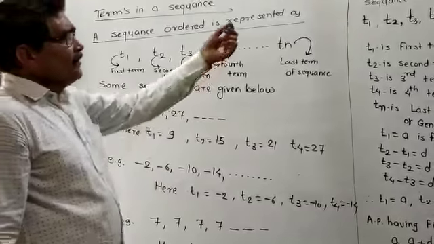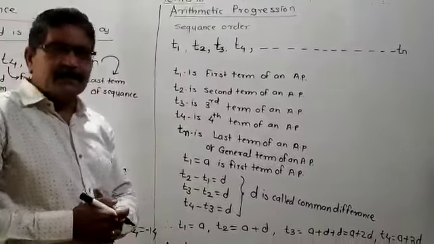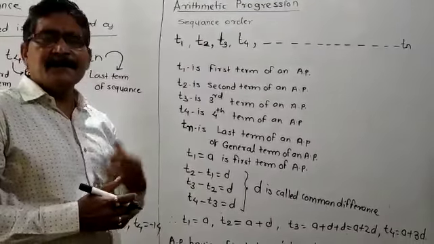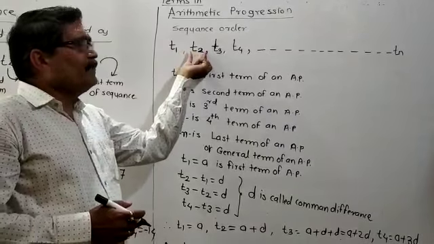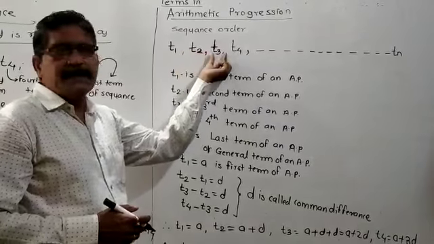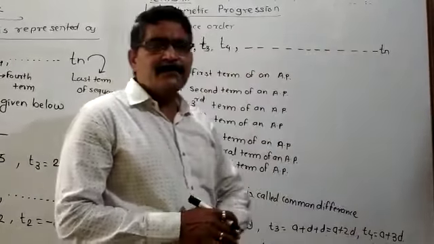Now the next topic: terms in the arithmetic progression. Terms in an arithmetic progression are the same as in a sequence. The first term will be T1, second term T2, third term T3, fourth term T4, dash, and the last term Tn.